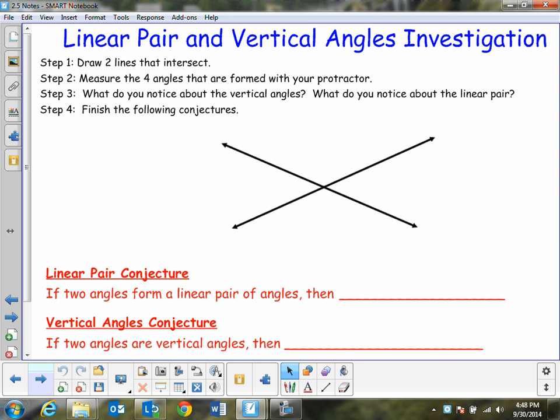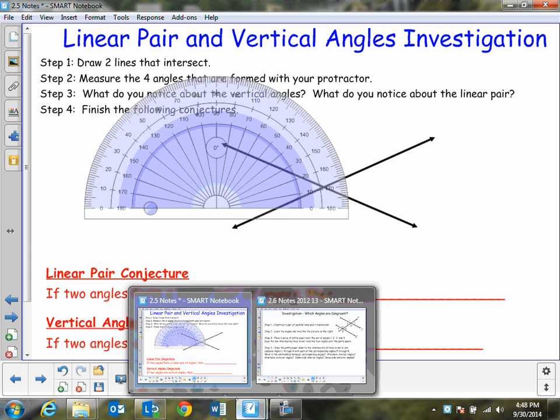Okay, so what you should have noticed, it says to draw 2 lines. I have my 2 lines drawn right there that intersect. It says measure the 4 angles with your protractor.